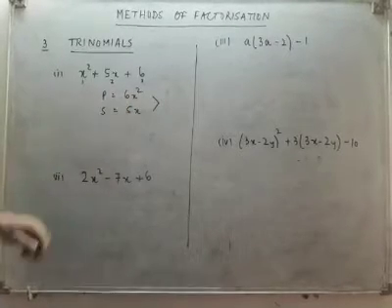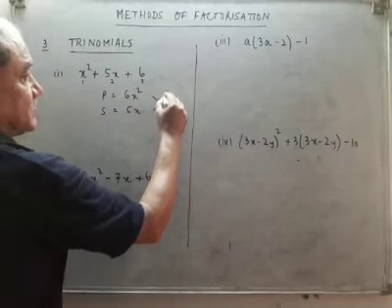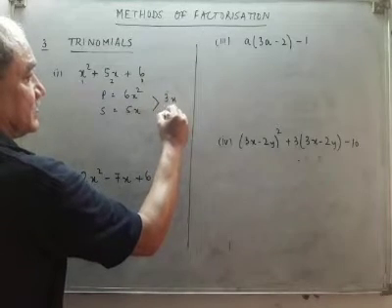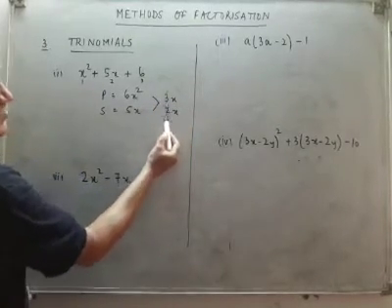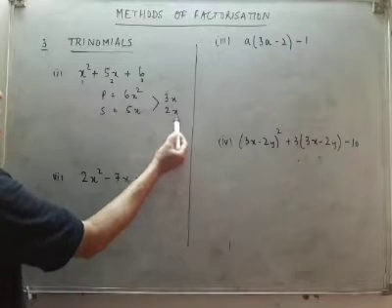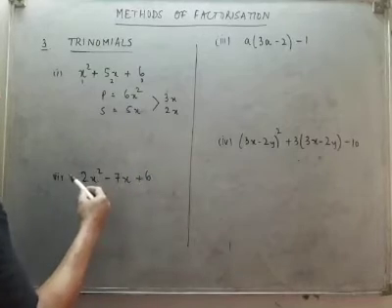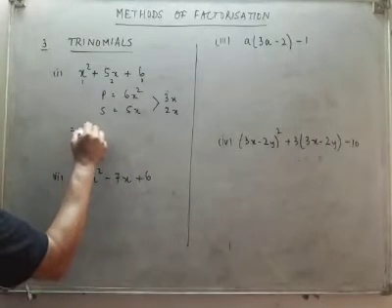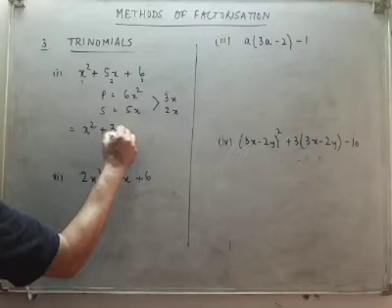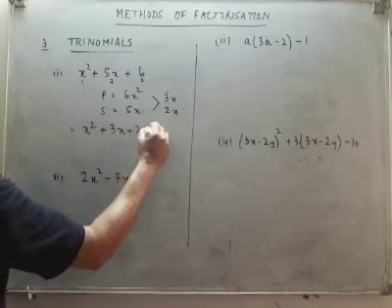If you factorize 6x squared, you will get 3x and 2x. If you multiply 3x with 2x, you get 6x squared, and if you add 3x and 2x, you get 5x. So this becomes x squared plus 3x plus 2x plus 6.